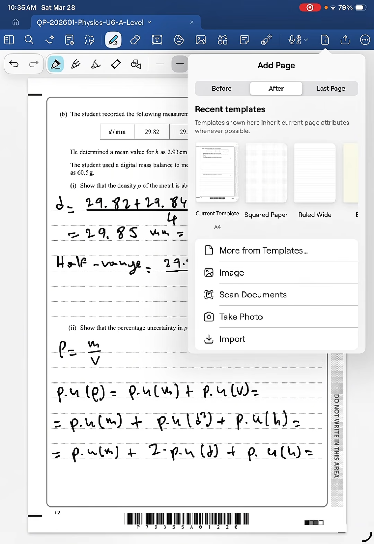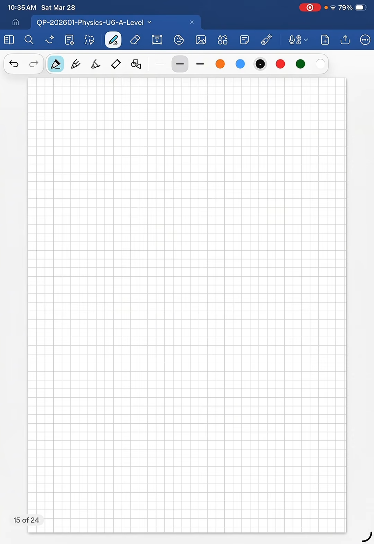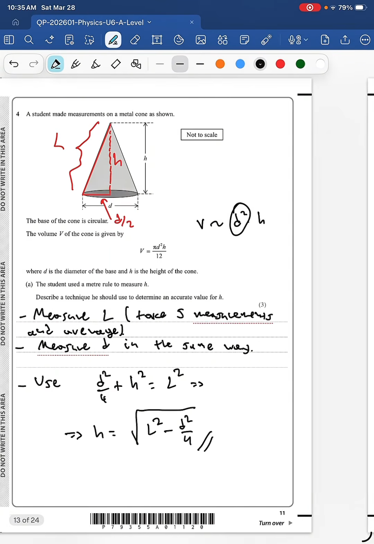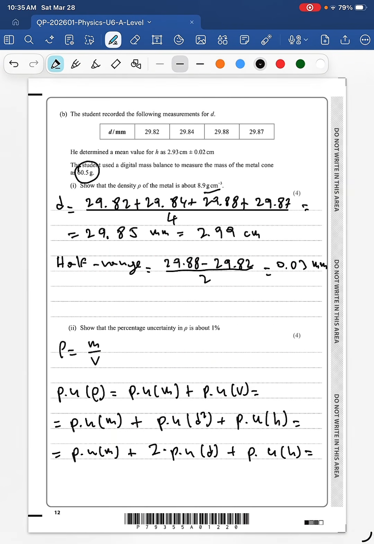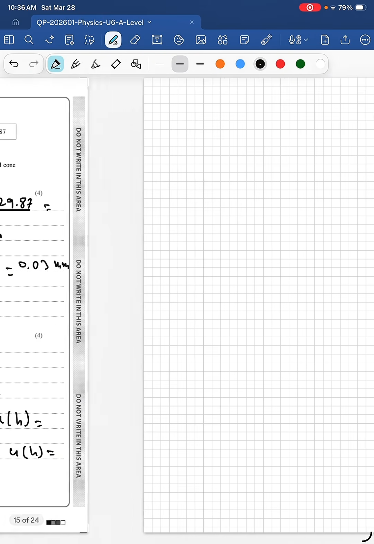Okay, and now the percentage uncertainty in mass. So the mass is 60.5 grams, meaning that this instrument can count down to 0.1 grams. So the absolute uncertainty in the measurement of this instrument is half the smallest division of the instrument, so 0.05 grams.